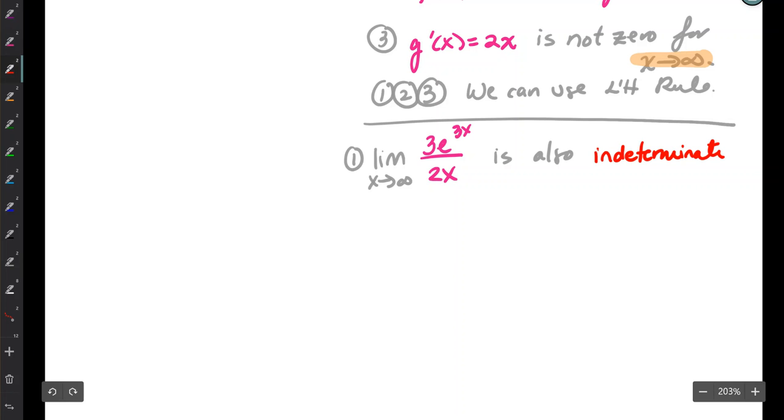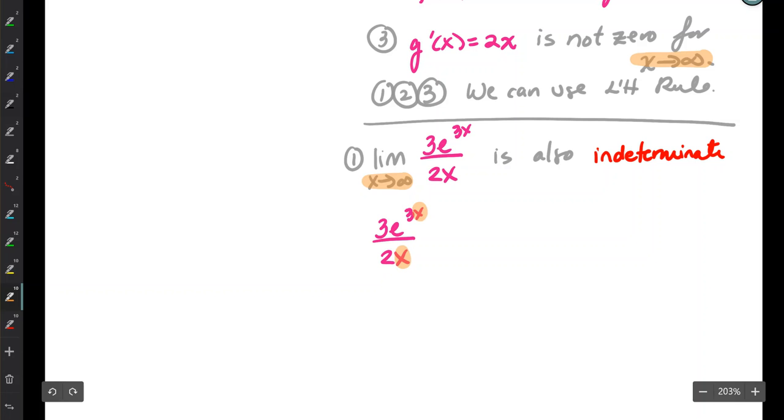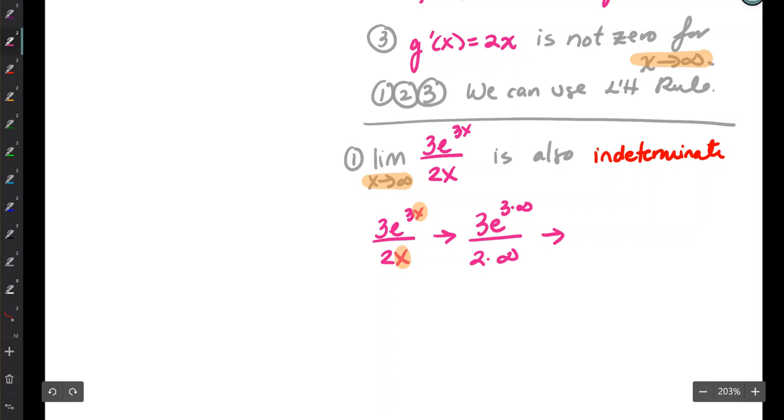Let's just see that. This is on its way to 3 times e to the 3 times huge over 2 times huge, which is 3 times e to the huge over huge, which is huge over huge.